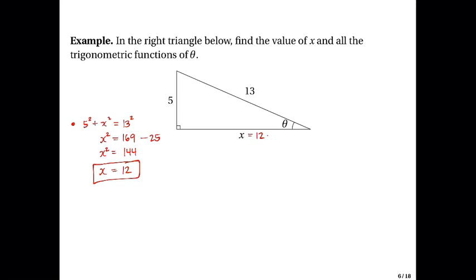For the trigonometric functions of theta, we will have sine theta. Again, opposite, which is 5, over the hypotenuse, which is 13. So 5 over 13.